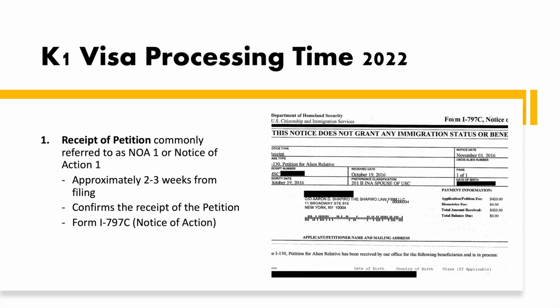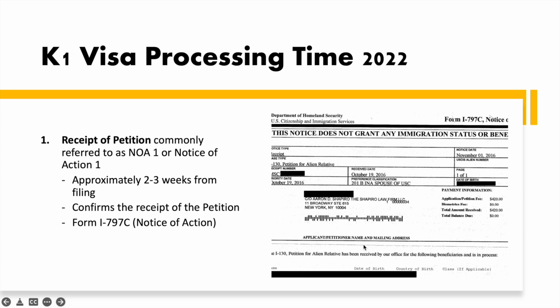Just a simple tip, save this important letter because it contains your 10-digit receipt number and you can use this receipt number to check your case status online. If you didn't receive a notice of action, you may, of course, make contact with them and make a case query.